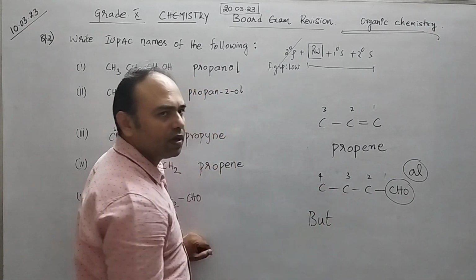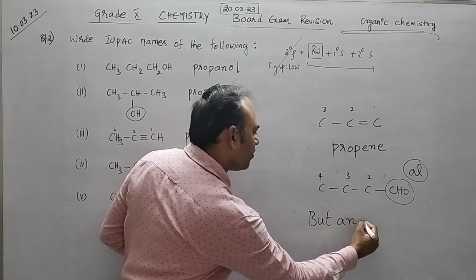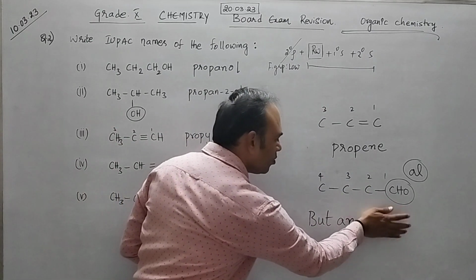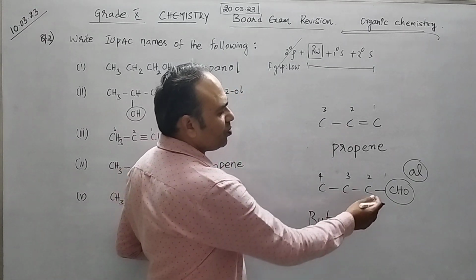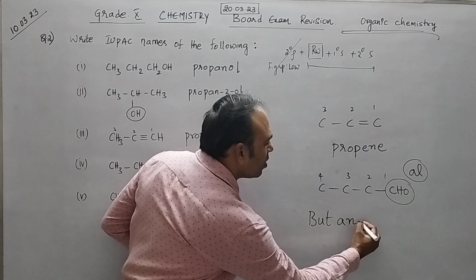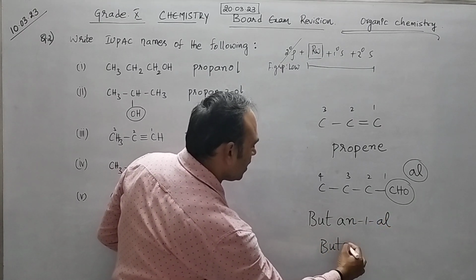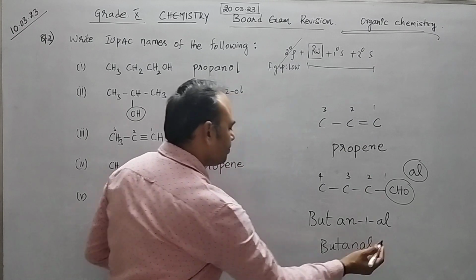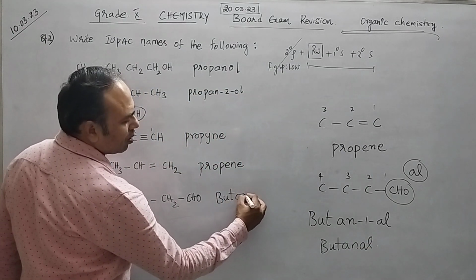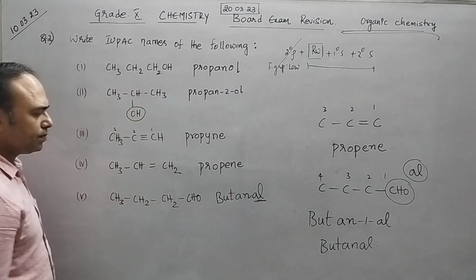The root word is but, single bonds between the carbons, therefore ANE. We have to write the functional group, therefore remove E, and it is at the first position, hence we can write it as butane-1-al, or simply you can write it as butanal. So the last question is again butanal.